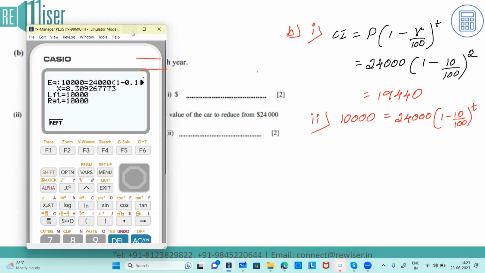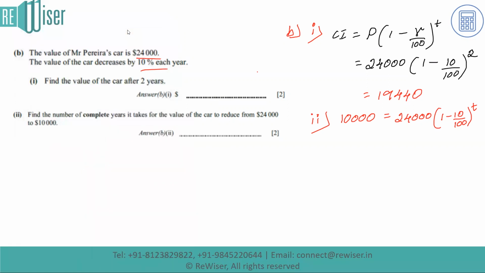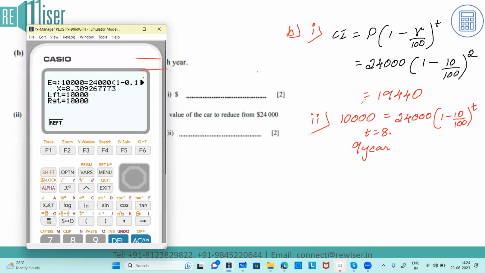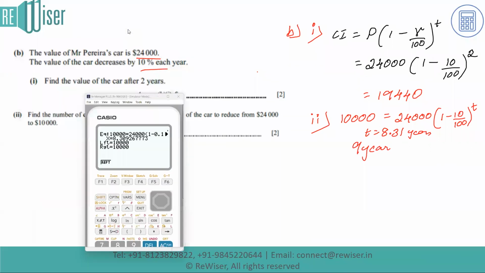So if I talk about the end of 8 years, the value is still going to be greater than 10,000. So it will take at least 9 years. Of course, we can write down t would be 8.3 something, so 8.31 years.